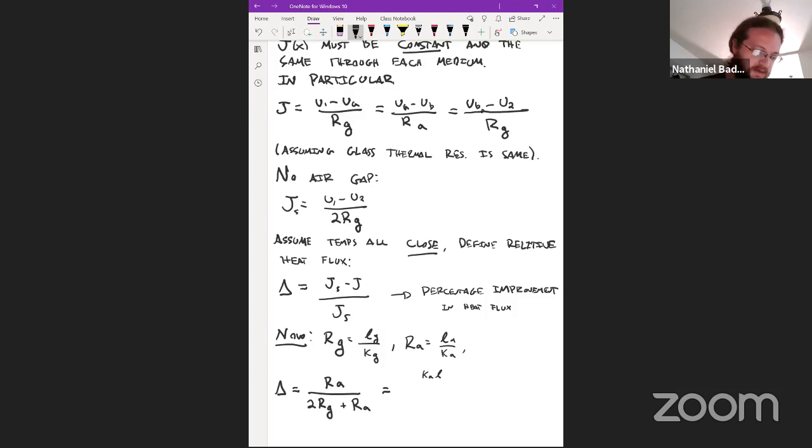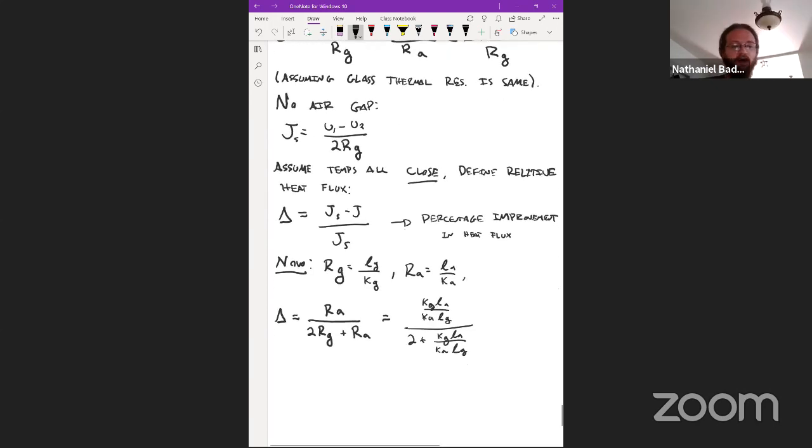You get Ka times La over Kg over La times Ka over Lg, divided by 2 plus Kg over La times Ka over Lg. And so what we see at the very least is that everything is given relatively. So the K's we can go look up.